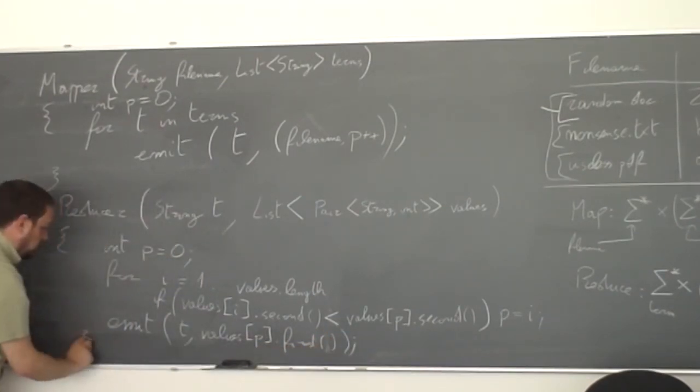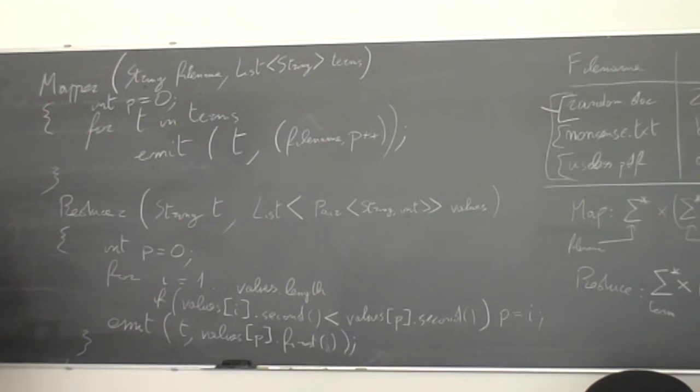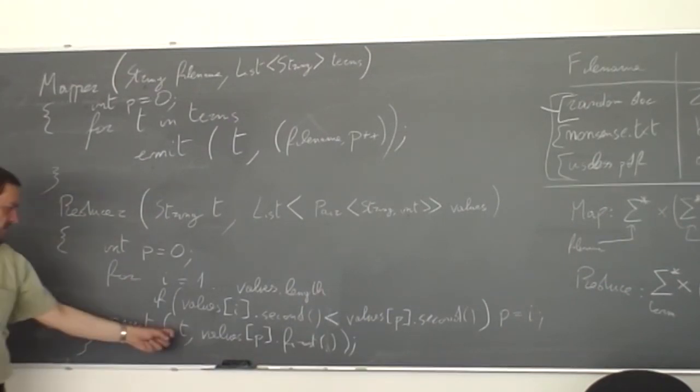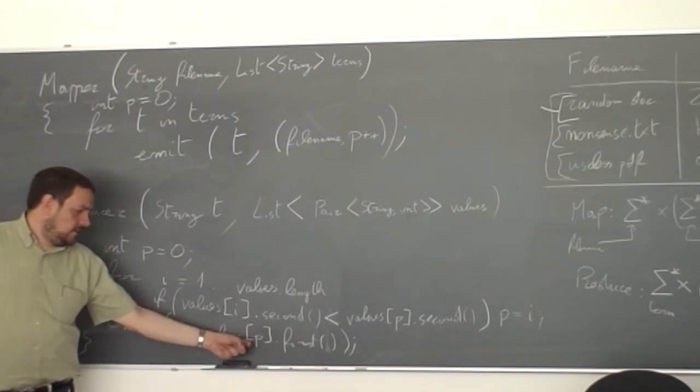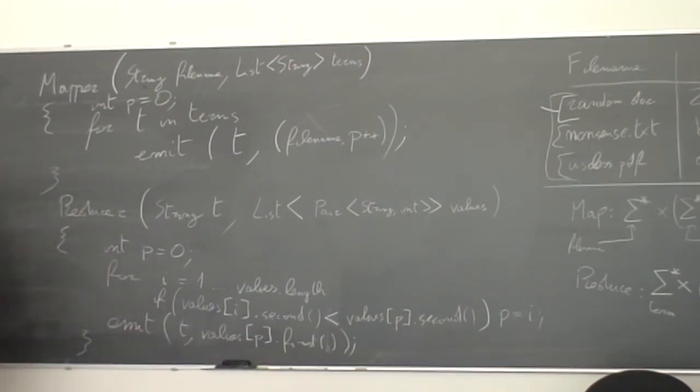And this concludes our reducer. So among all string integer pairs, find the one with the lowest integer and emit the corresponding string. This associates every term T with the name of the file where it occurs in the earlier position.